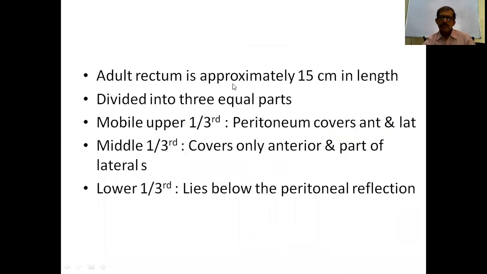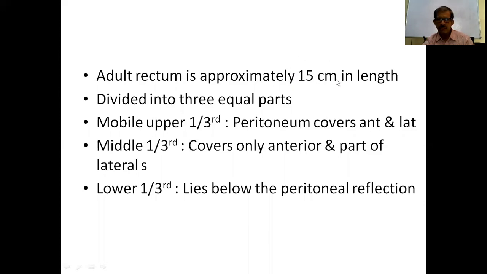So the adult rectum is approximately 15 centimeters in length. This is very, very important. All of you should remember this figure. Like I already told you about the esophagus, duodenum and ureter, they are 25, whereas the oral cavity to the esophageal junction is 15 centimeters.